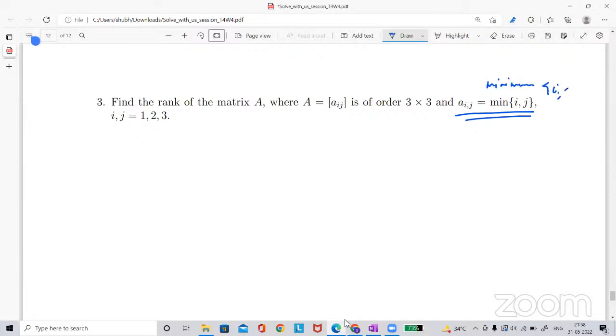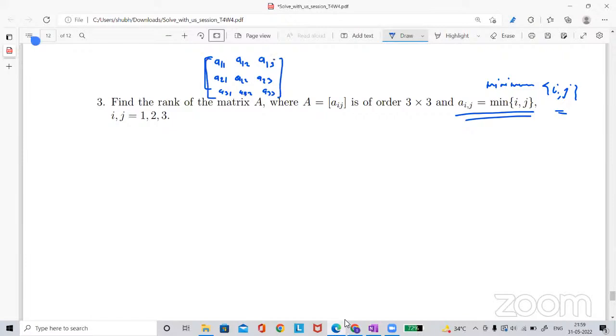That means 1, 1, 1, then 2, 2, 2, then 3, 3, 3.